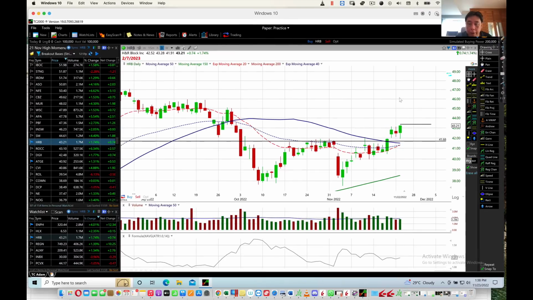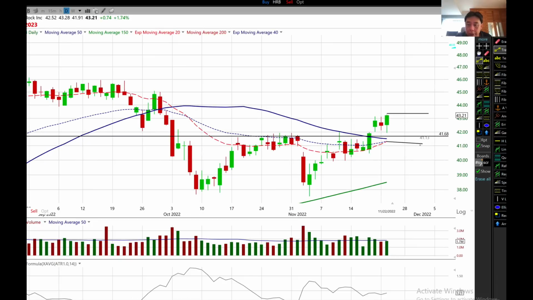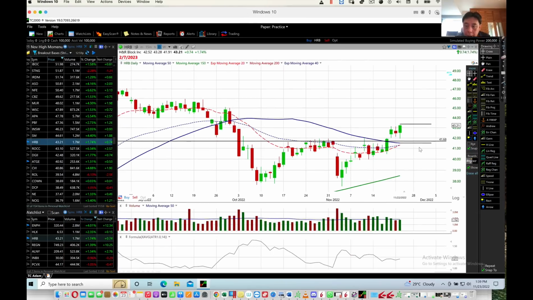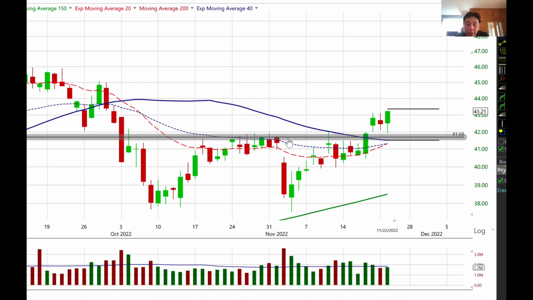So where would my stop loss be at 41.49? Roughly somewhere here, below this previous resistance. If it comes back down, it's going to hit this resistance that will become support.